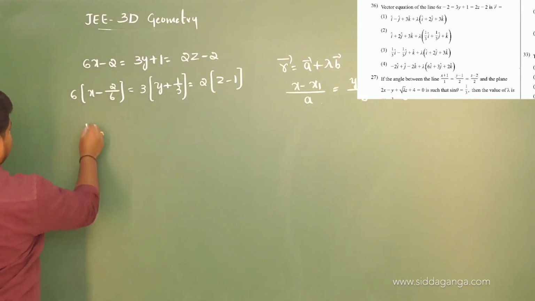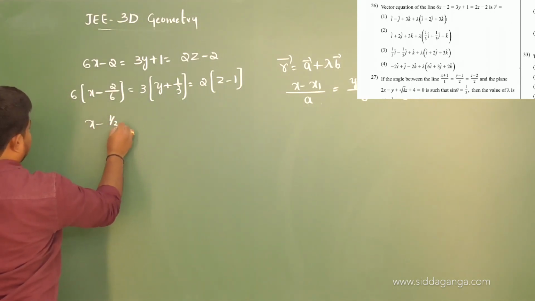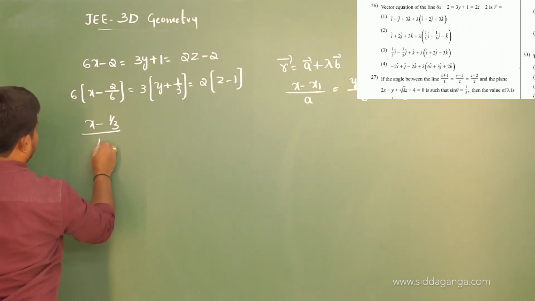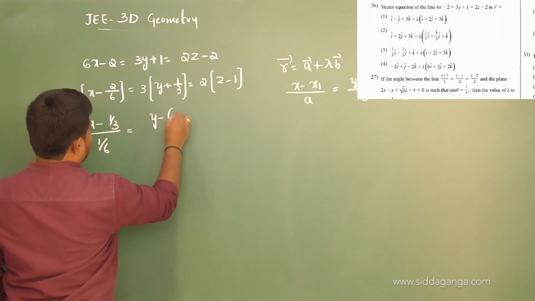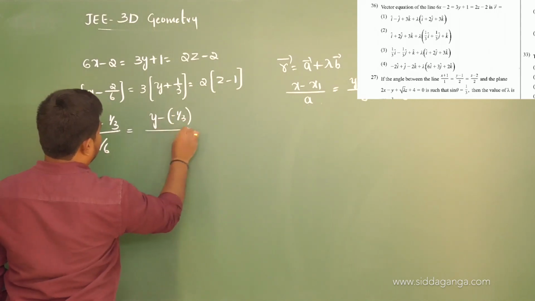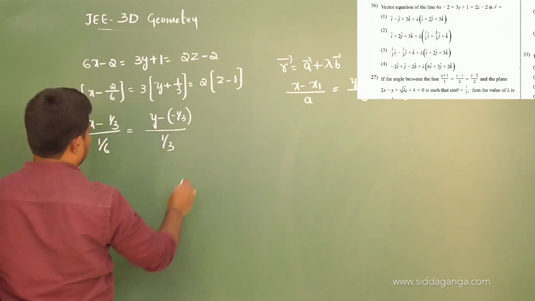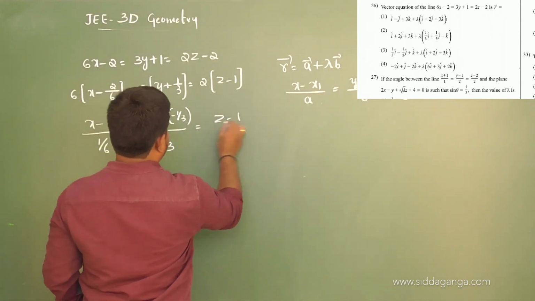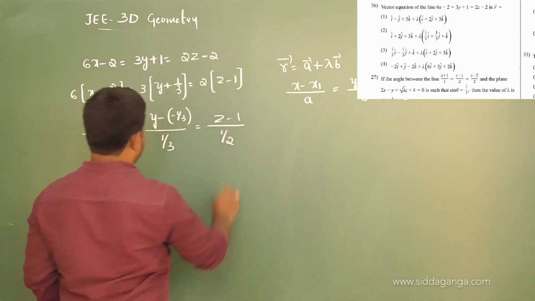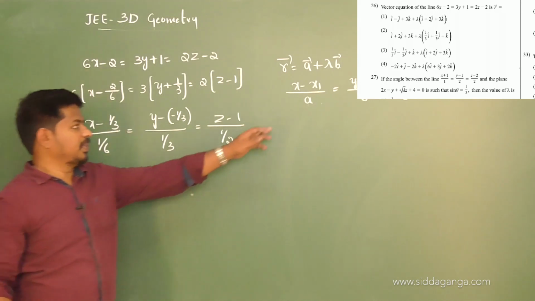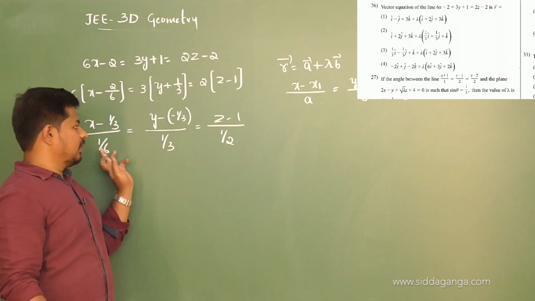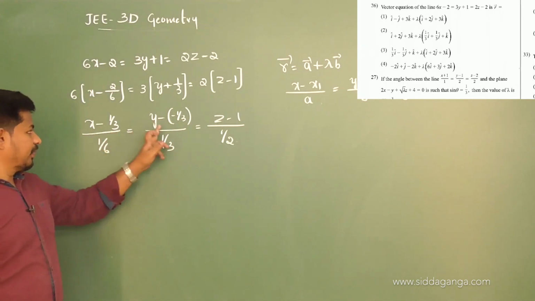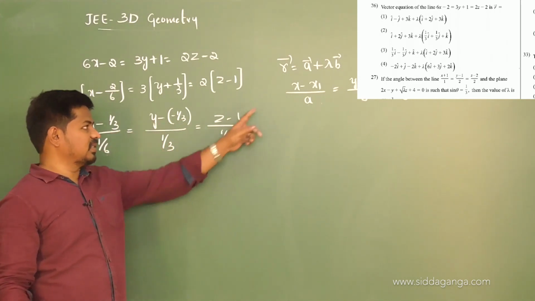Now let me rewrite this: x minus 1 by 3, because 2 by 6 is 1 by 3, divided by 1 by 6, is equal to y minus of minus 1 by 3 divided by 1 by 3, and this is equal to z minus 1 divided by 1 by 2. So this is now of the Cartesian form, x minus x1, y minus y1, z minus z1 by a, b and c. So these are the ratios of this line.